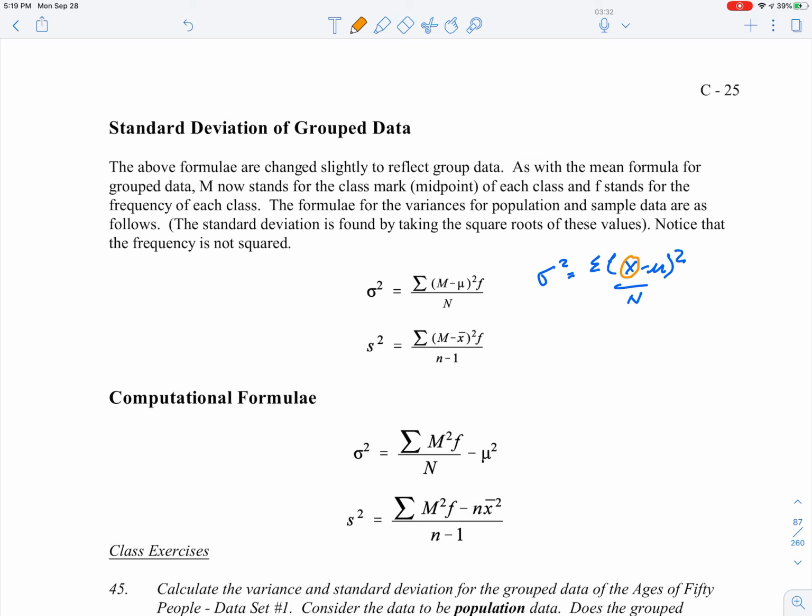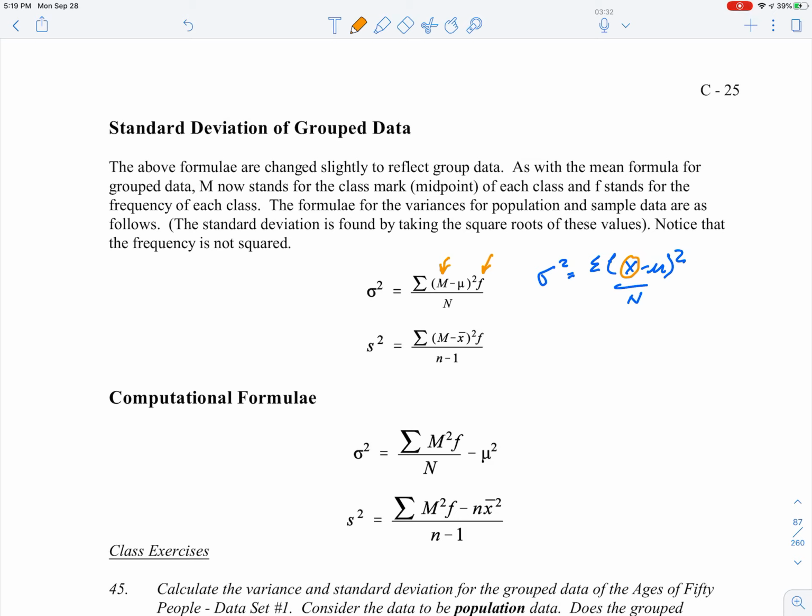So instead of having x's, what we have here is class marks, usually just midpoints, and we have frequencies. It looks like this. One thing I want you to notice is that the frequency is not squared. That's really important when we get to the actual formula here.